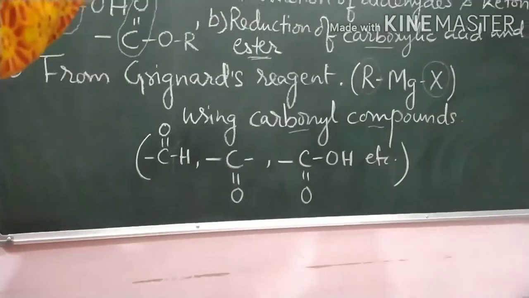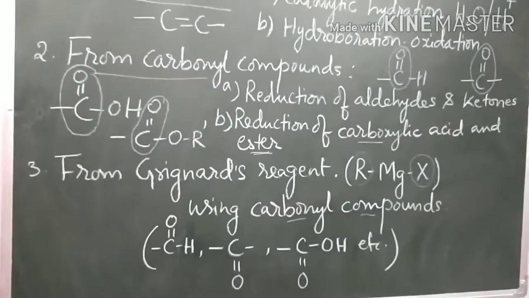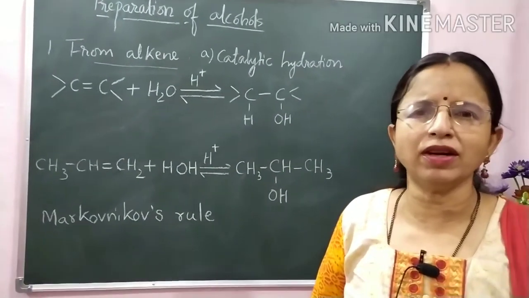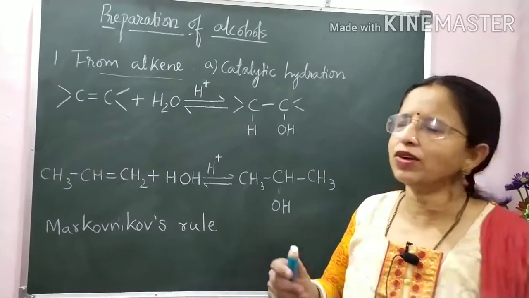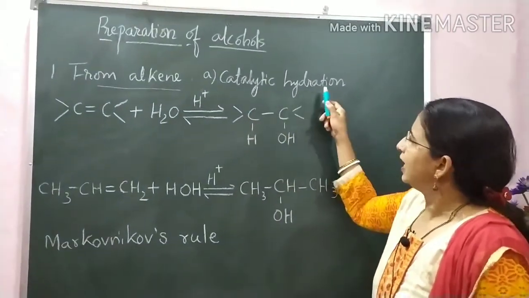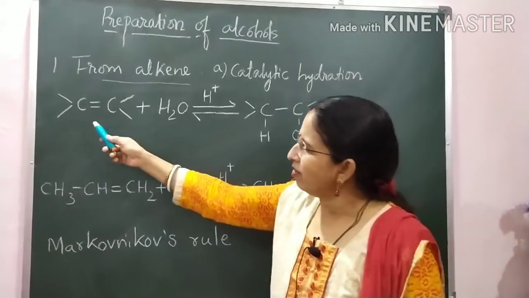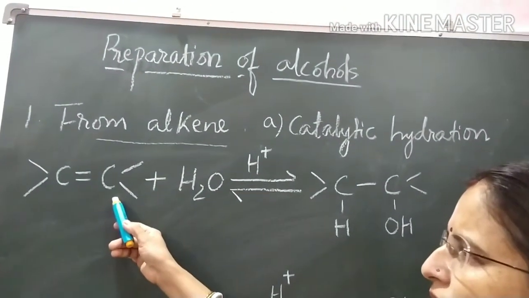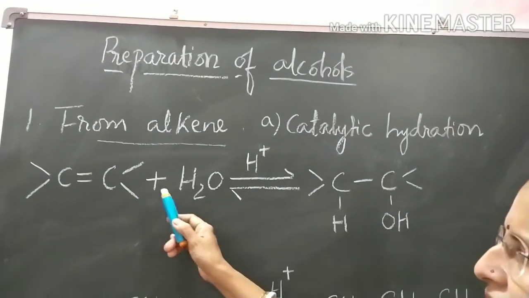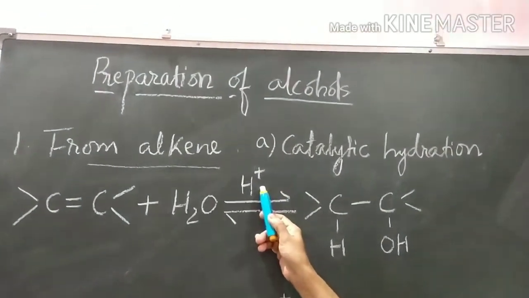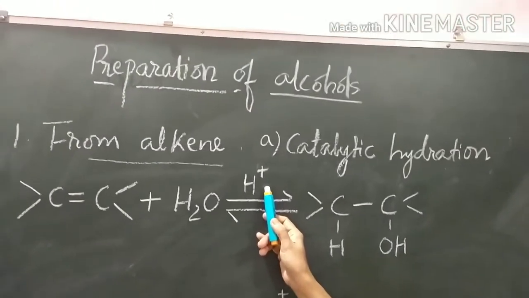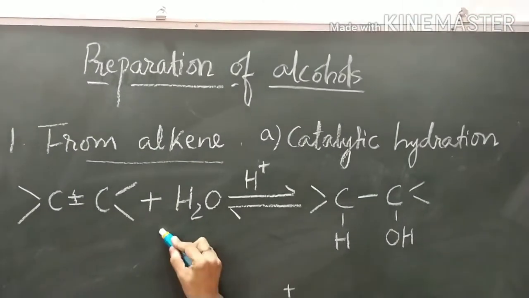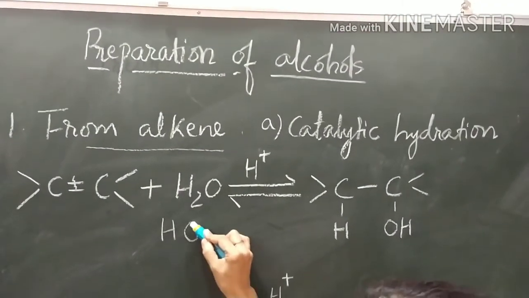Now let us see one by one the detailed methods of preparation. Now let us see how the alkenes can be converted into alcohol. That is the first method, catalytic hydration. The general representation of alkene I have taken as C double bond C. When water is reacted with alkene in the presence of hydrogen ion as catalyst, this double bond is going to break and water has two parts, hydrogen and OH part.